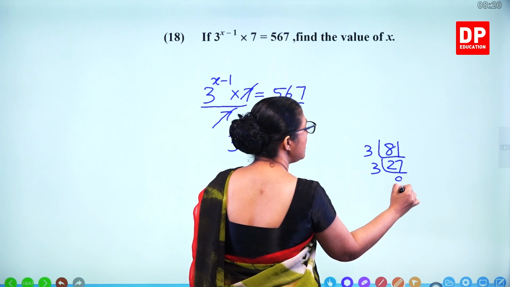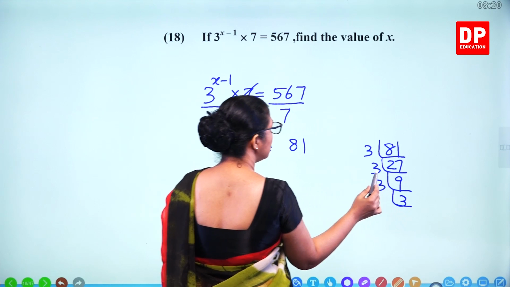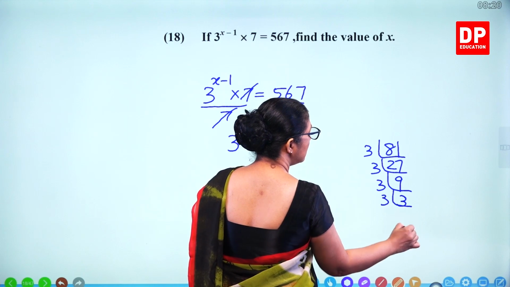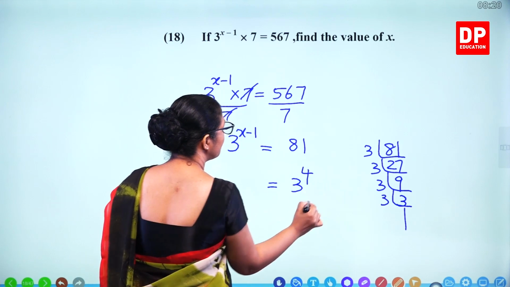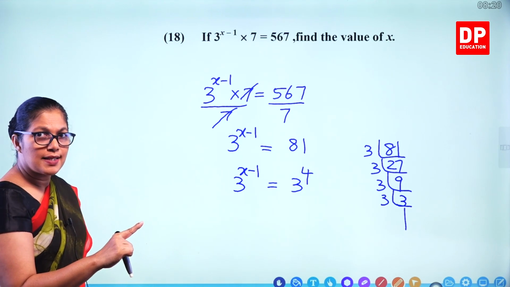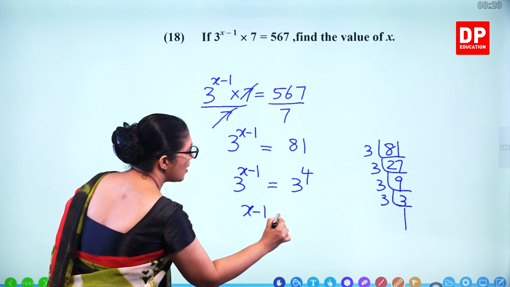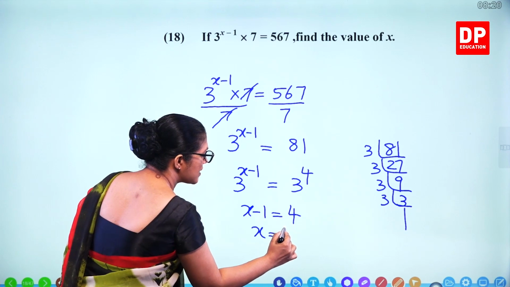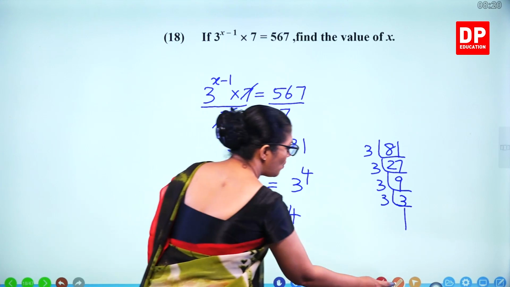You get 3 to the power 4 is 3 to the power x minus 1. Same base, you can compare the power. So these are equal. x minus 1 should be equal to 4. So what is x? Take minus 1 to the other side. That becomes 5. So you get 2 marks for that.